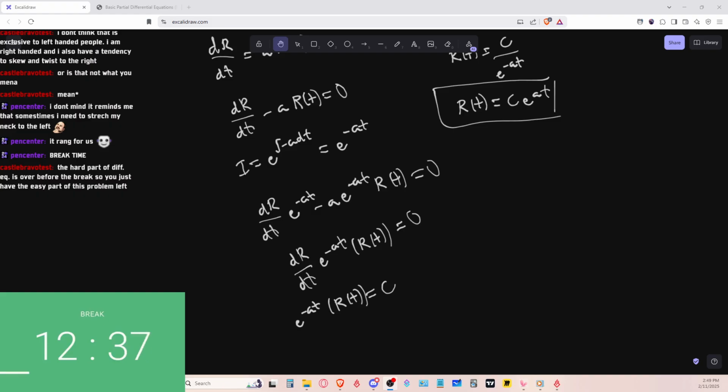The hard part of the differential equations is over before the break, so you just have the easy part of this problem left. Yeah, I actually have to calculate it. Basically it's 100%, 10 years, so if we're given 15 years, we basically have to calculate how much will remain.